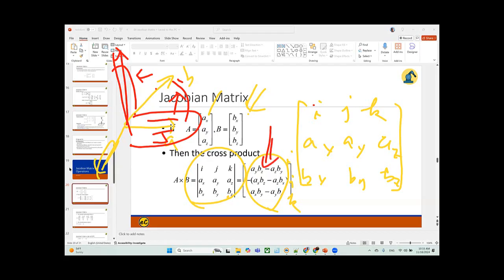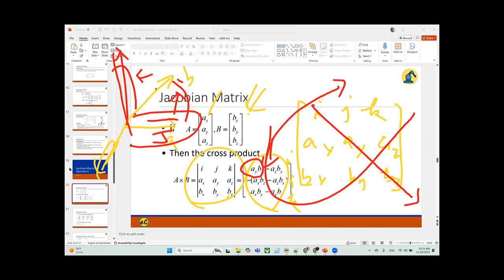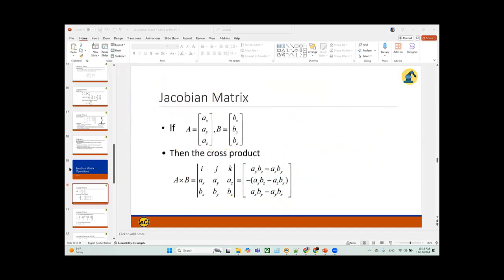To remember it, you go forward, that gives you AY BZ, minus, okay, the other one going this way will be minus AZ BY. Let me show you one more time using a different color.